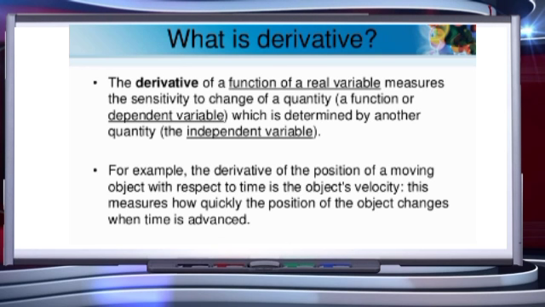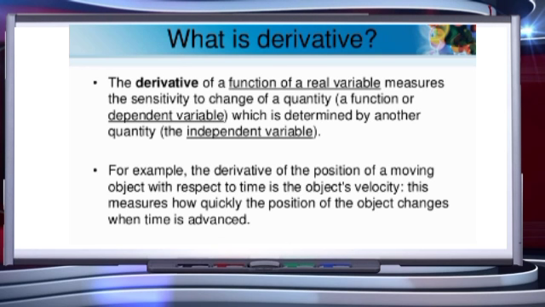Students, here we are talking about dy over dx, where x is the independent variable and y is the dependent variable. For example, the derivative of the position of a moving object with respect to time is the object's velocity.